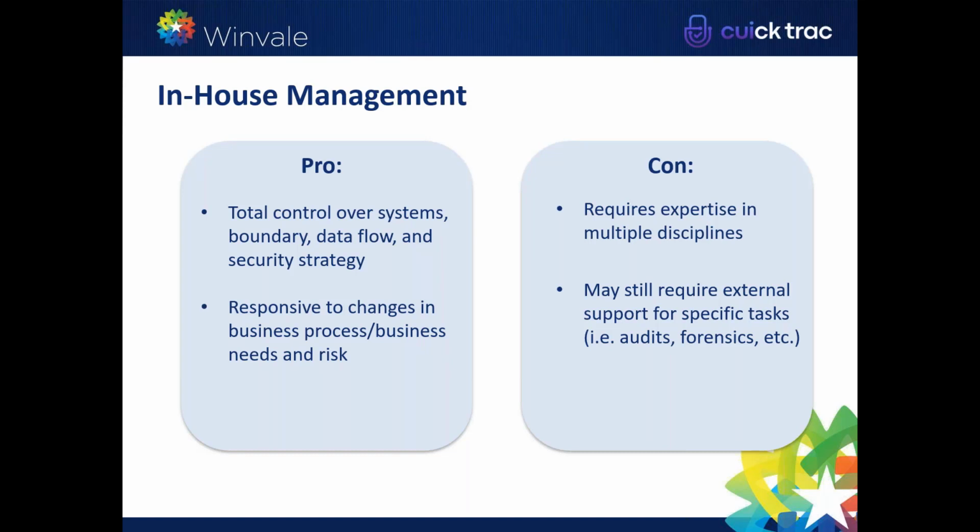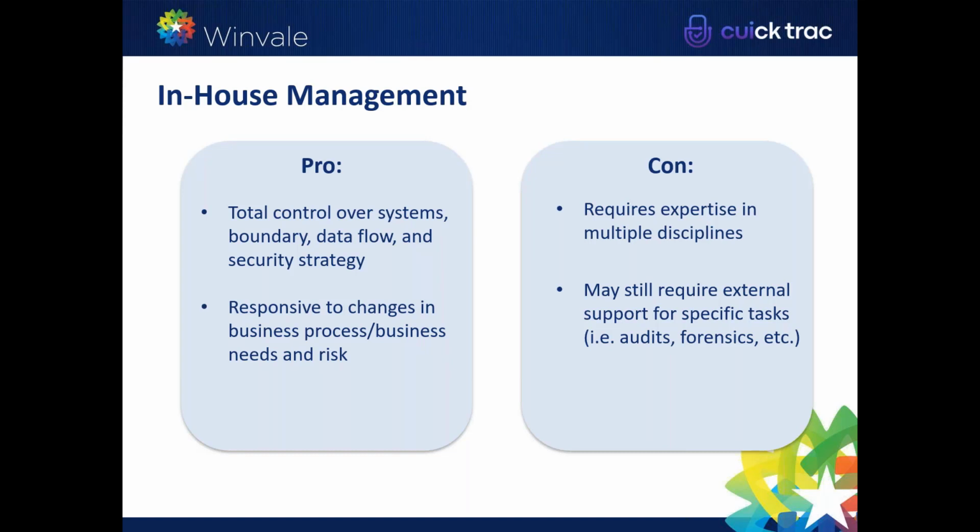One thing here, you might still require external support for specific tasks. A great example would be forensics. If you have had a data breach, very rarely do we see companies that have a full-on support team that's capable of containment, eradication, and forensic capture in-house.